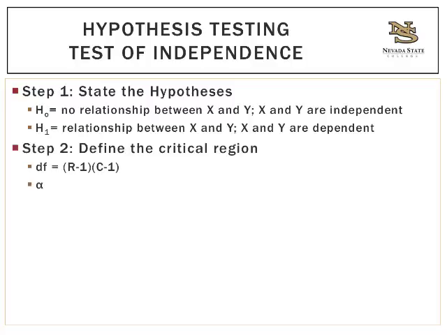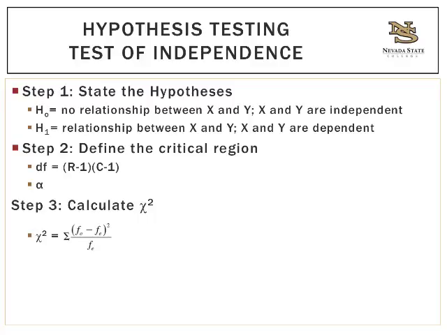We're going to define the critical region using these degrees of freedom, r-1 times c-1. I think this is backwards from how I had it before, but either way, the math works out fine. So you want to take your rows -1 and multiply it by your columns -1, or vice versa, but the math is the same. And step 3, you're going to calculate your chi-square using that tried and true chi-square formula that we've been given using our observed frequencies and expected frequencies.